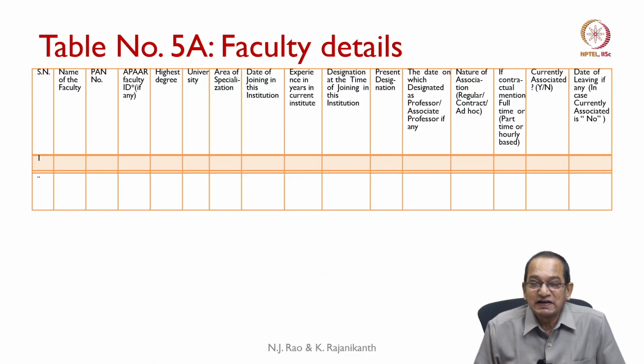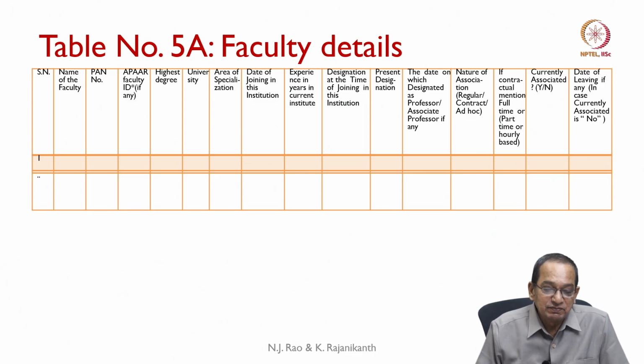First is faculty details. This must have full documentary evidence to back up everything. So, it includes all the details regarding the faculty, including the name, PAN number and APAR ID, which probably many institutes have not yet implemented, but if it is available, we will see presently what this APAR is.